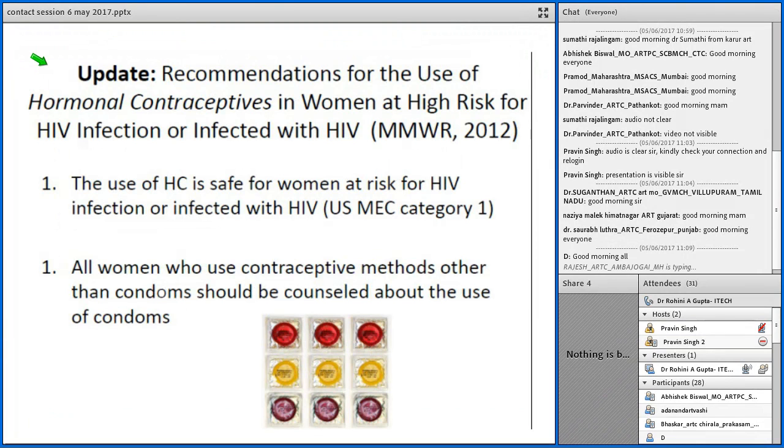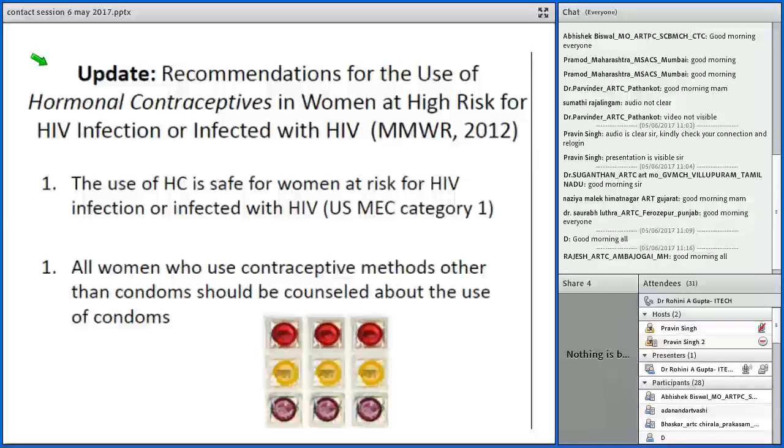So what is the US update? Recommendations for the use of hormonal contraceptives in women at high risk for HIV infection or infected with HIV. The use of hormonal contraceptives is safe for women at risk for HIV, that is US MEC category 1.